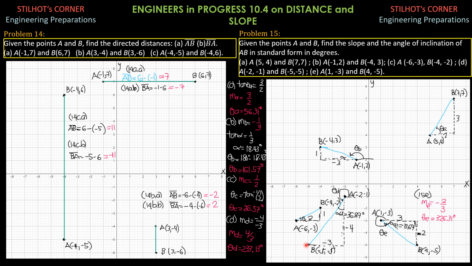For horizontal, the x coordinate will be negative 5 minus quantity negative 2, which is negative 5 plus 2, so negative 3. Then for the vertical, negative 5 minus negative 1 is negative 4. So we treat this as positive so that we solve this alpha first. The inverse tangent of 3 over 4 is 36.87 degrees.